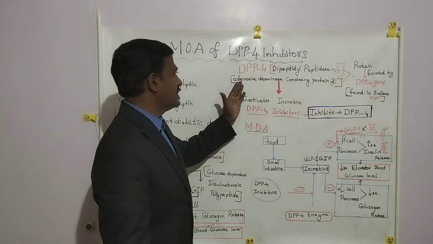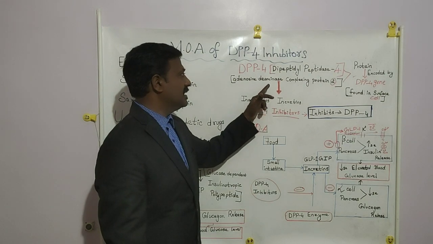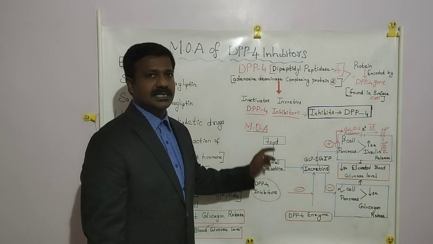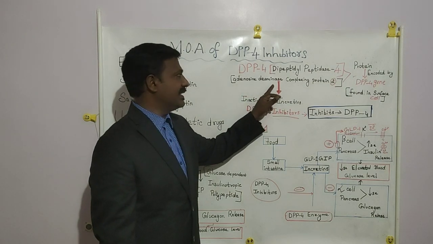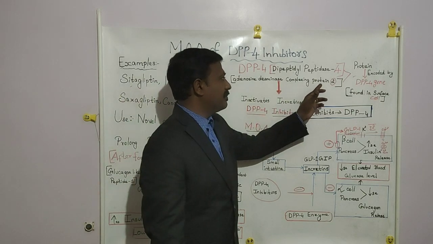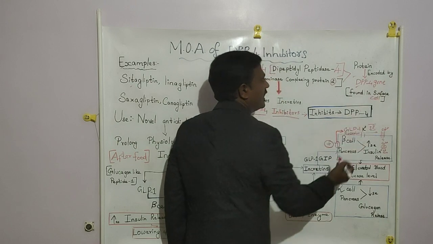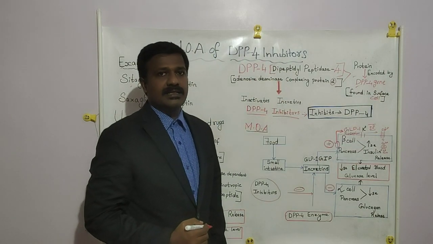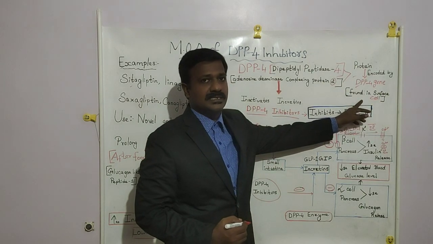Then we have to discuss what DPP4 is. DPP4 is a dipeptidyl peptidase enzyme. It is also called adenosine deaminase complexing protein 2. They are proteins. In humans, they are encoded by the DPP4 gene. They are mainly found on endothelial cell surfaces.